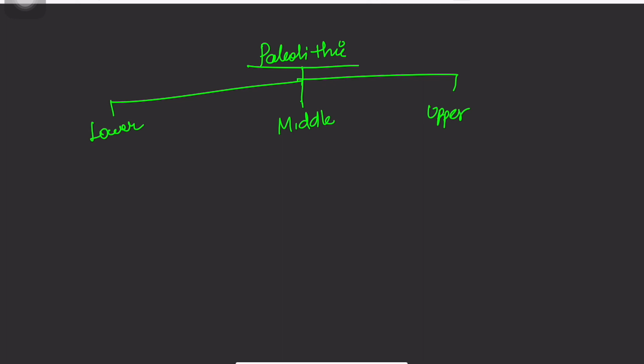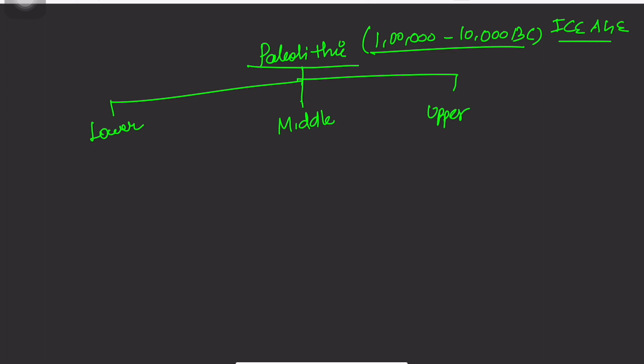The Paleolithic period was usually categorized from 1 lakh BC to 10,000 BC, around the Ice Age period. Everybody knows the Ice Age, we saw the movie, right?